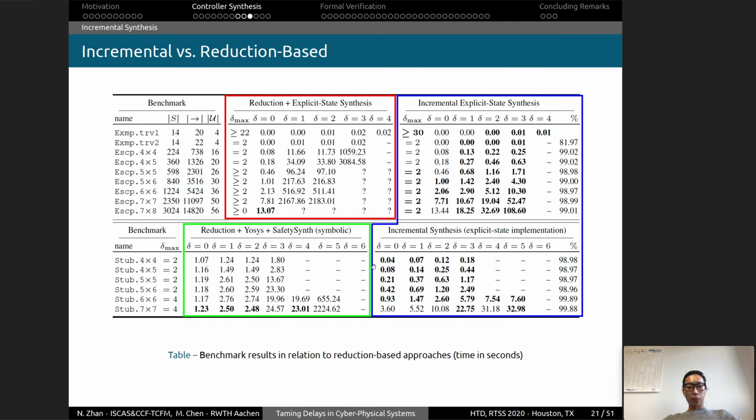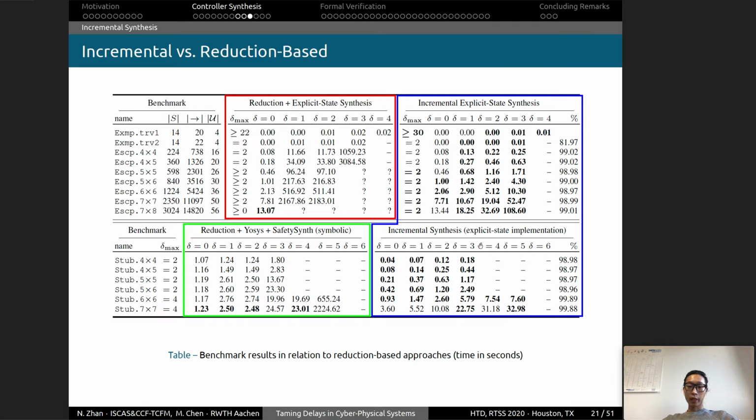And then we also did a comparison with the state-of-the-art synthesis tool called CPS, which implements a symbolic representation of the game arena. So in this block, we also first do the reduction and then solve the delay-free game with this state-of-the-art tool. Now, in this case, it performs definitely better than the naive implementation.